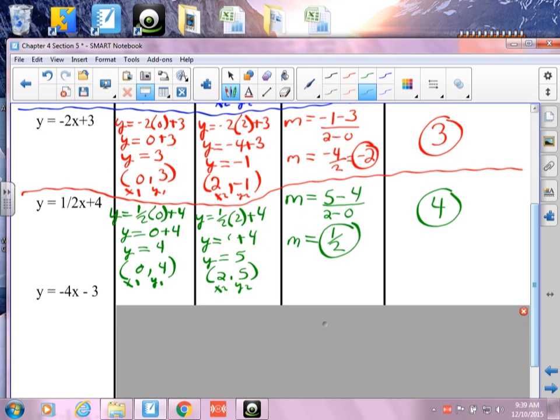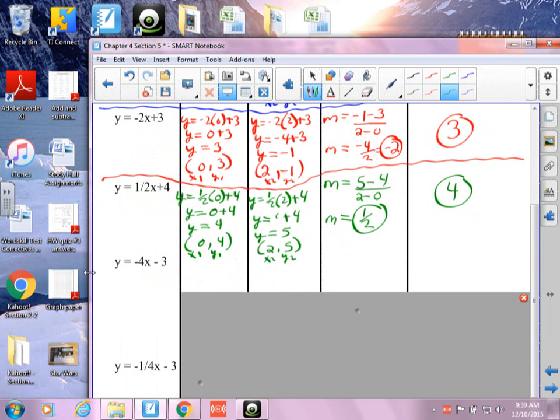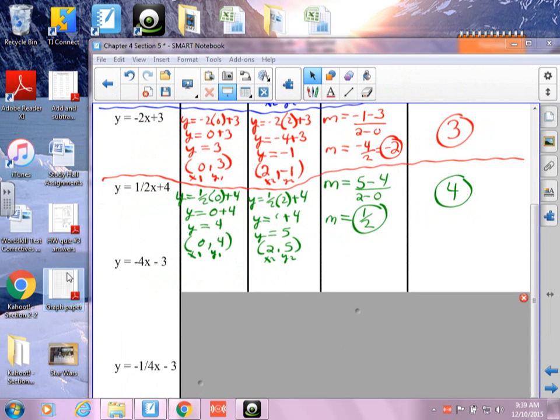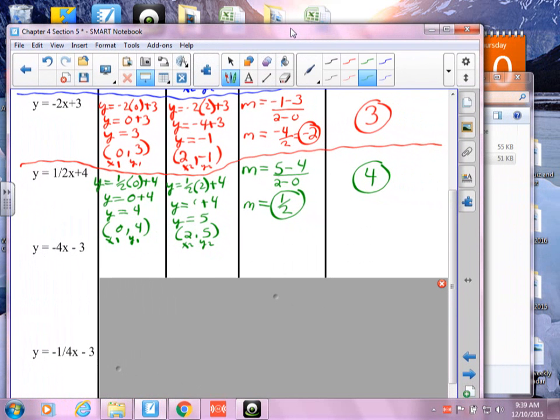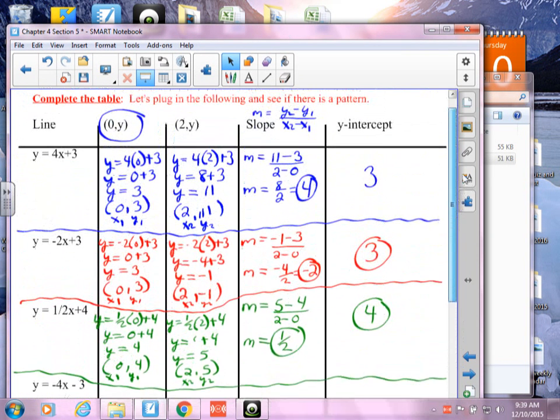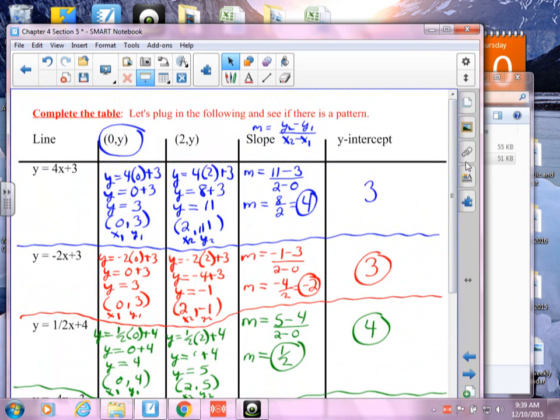Okay, now let's stop for just a minute and look at this pattern. Look at the very beginning and let's look at the slope. The blue equation, my slope was what? 4.